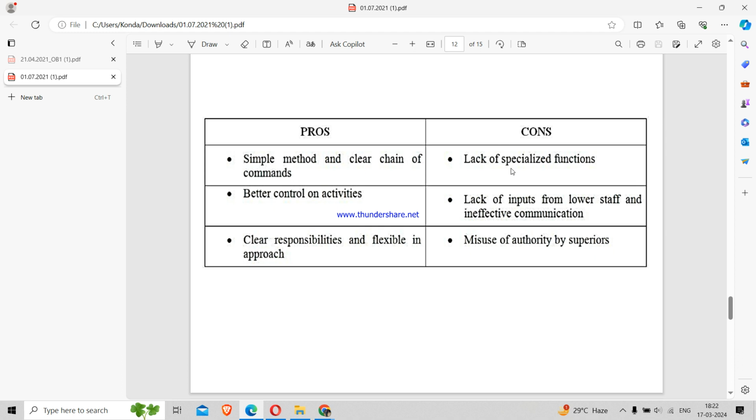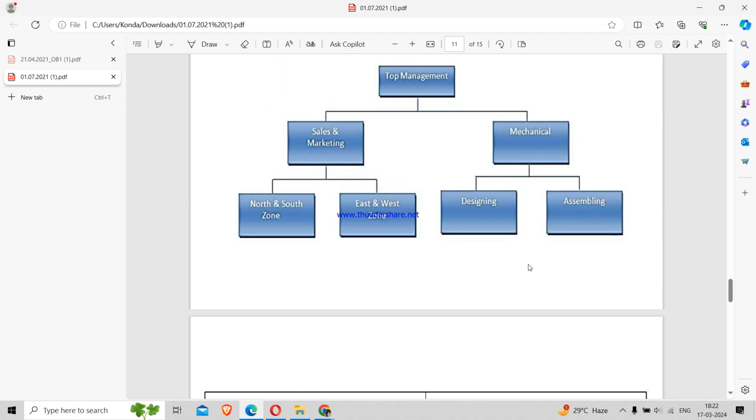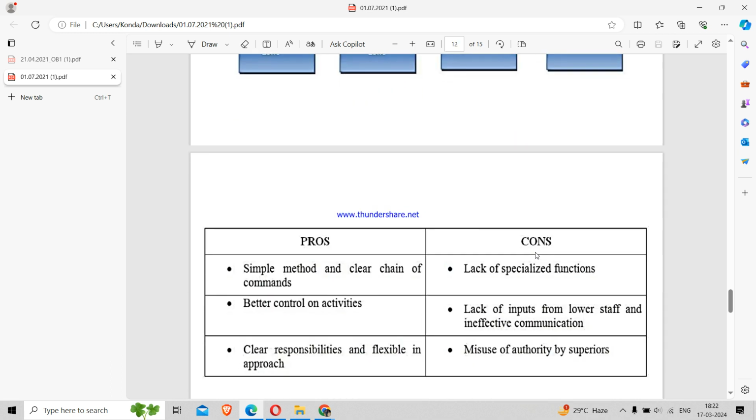What are the cons? There is a lack of specialized function in this particular flowchart, you can see. Next is lack of inputs from lower staff and ineffective communication. Suppose there are many employees who are not much educated, or who don't have much oratory skills. So there is a lack of communication at the bottommost level.